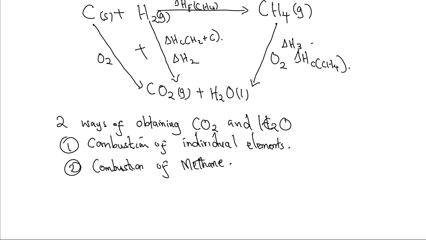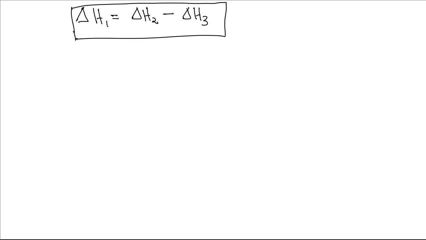Again, this brings the connection of the three, in that delta H1 is equal to delta H2 minus delta H3. That is what connects the elements that we have in the energy cycle diagram.